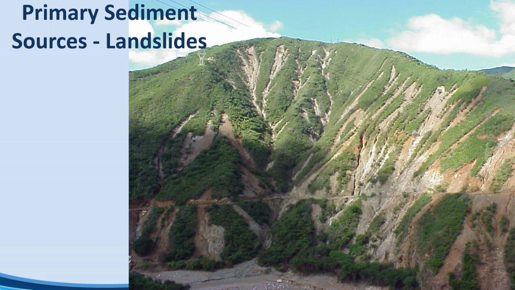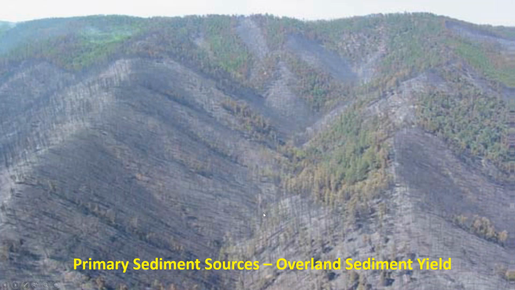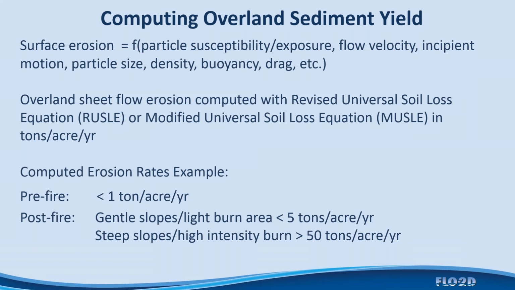In some extreme cases, you may see severe hill slope failure or landslides to generate a mud flow. And then finally, a burn condition will greatly contribute to the overland sediment yield. So let's start with overland sediment yield and how you might estimate this.